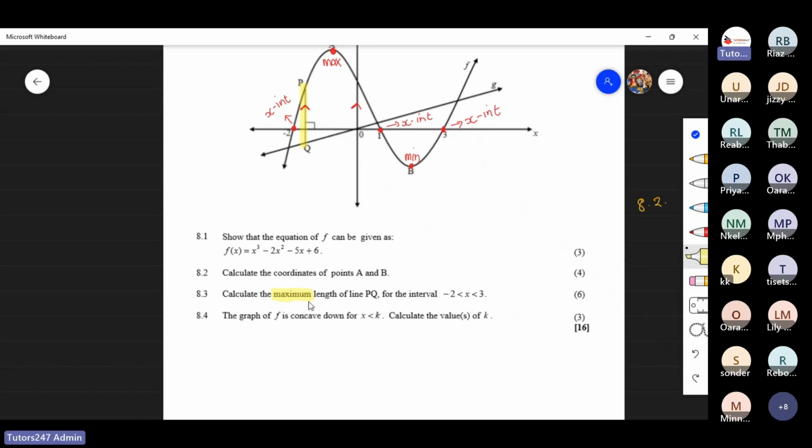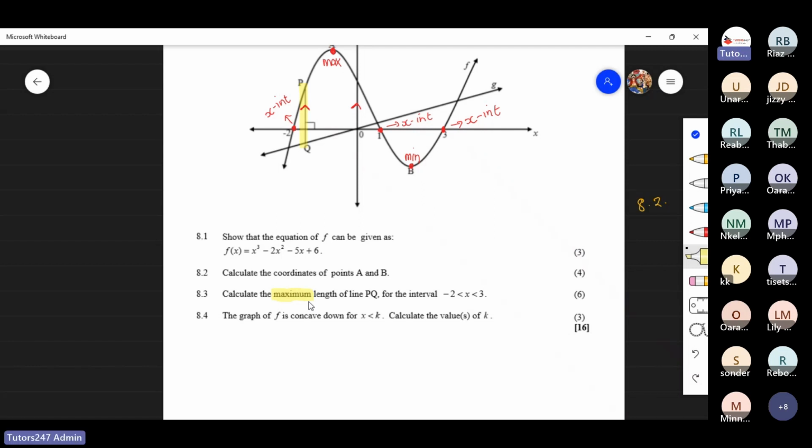So keep that in mind. Whenever the question states calculate the maximum or the minimum of something, all you are doing is calculating the turning point of it. You'll see that used quite frequently when you do optimization. The use of maximum and minimum is frequently used within optimization, which we'll have a look at tomorrow.